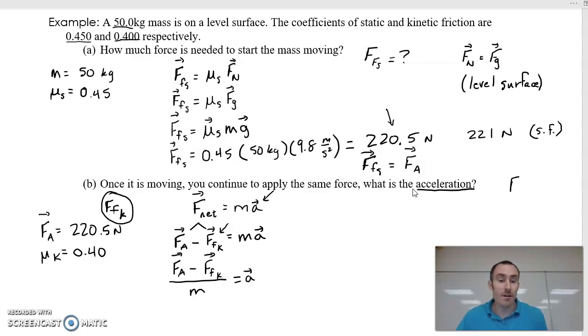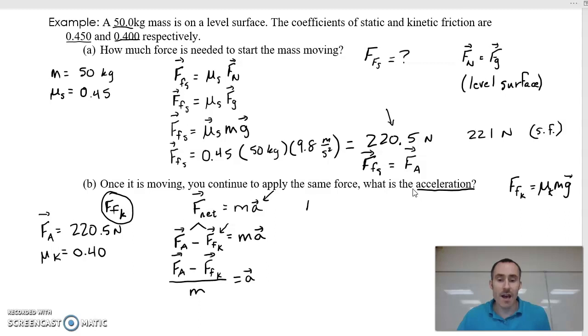The force of kinetic friction is the coefficient times the normal force. And in this case, the normal force is exactly the same idea as before. Because it's a level surface, it's the same as the force of gravity. And so we can just use this whole thing right away. We already did that expansion work in part A, so we don't need to show that expansion again necessarily in part B. We're just bringing in the same idea we used before.